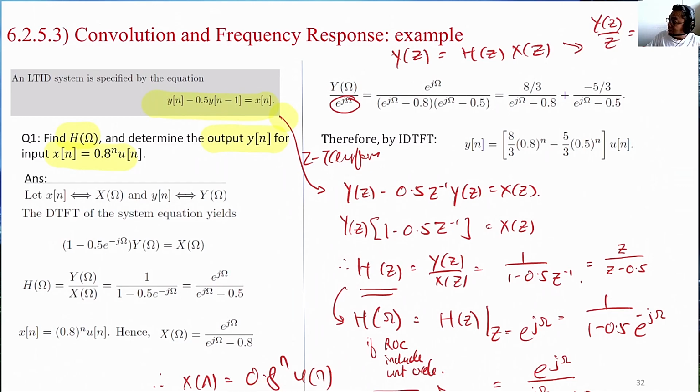Then we perform the partial fraction, and move the z back up again so that we have a lookup table for the inverse z transform, and this is the answer. You can go ahead and check that this is how we do it. Although I've done it in the discrete time Fourier transform, my suggestion is to do it in the z transform and simply ensure that the region of convergence includes the unit circle.